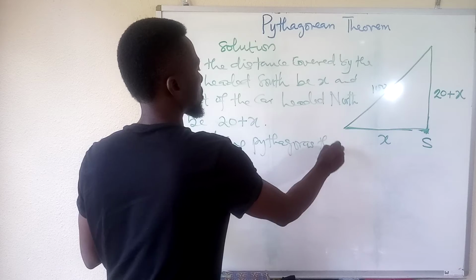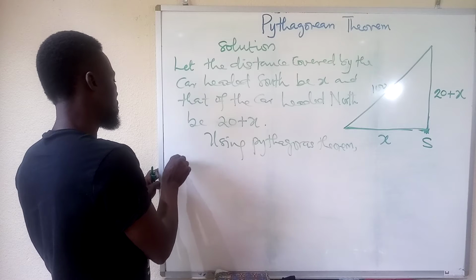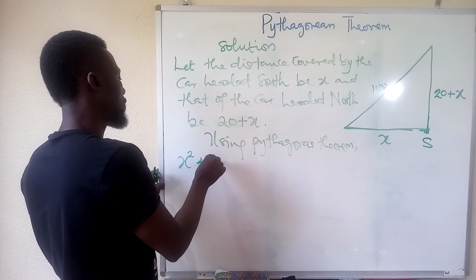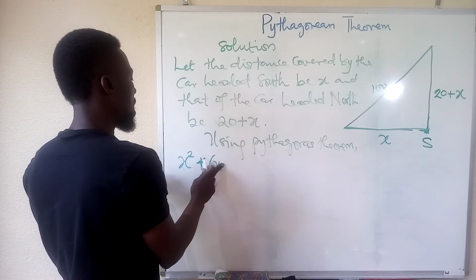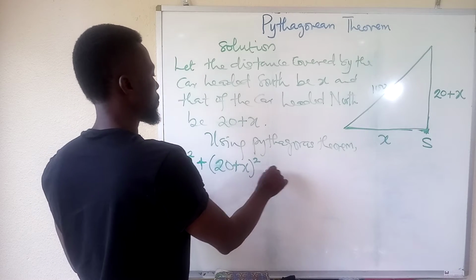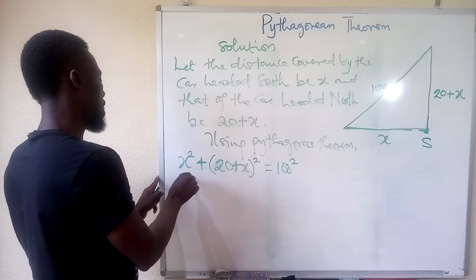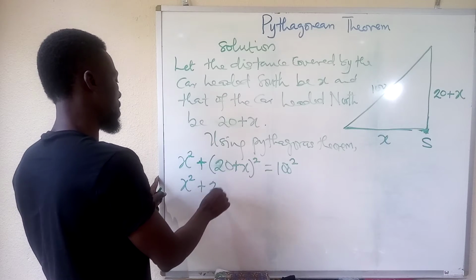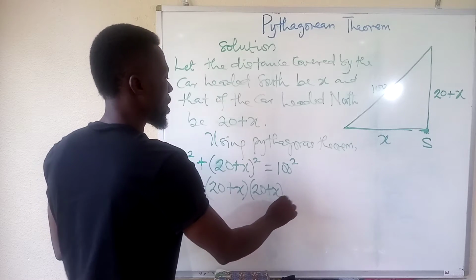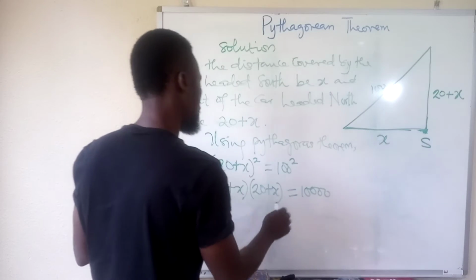Using Pythagoras theorem, what we shall say is that the distance covered by the car headed south, the square of it, plus the square of the distance covered by the car headed north, that is 20 plus x squared, should be equal to 100 squared. So we shall have x squared plus, when we expand this bracket, 20 plus x multiplying 20 plus x, to be equal to 100 squared, which is the same as 10,000, that is 100 by 100.